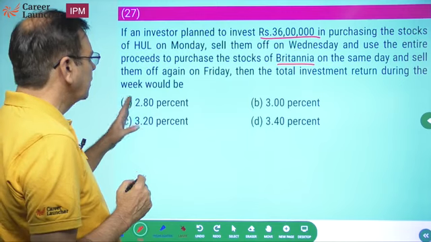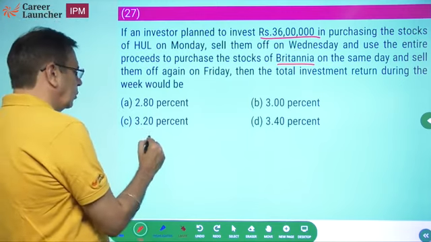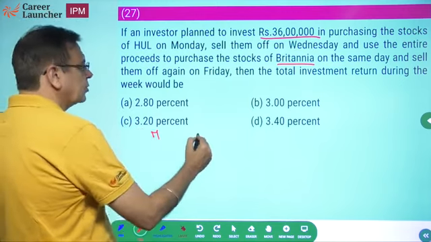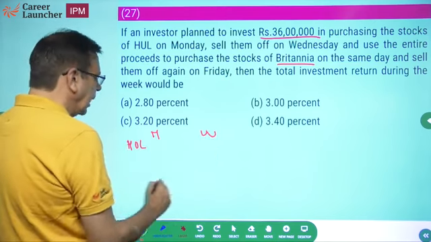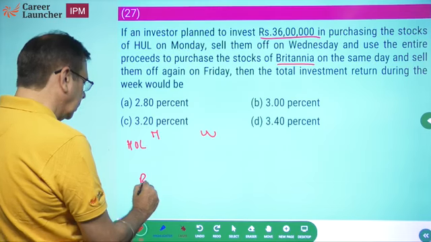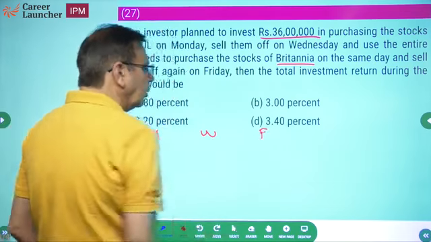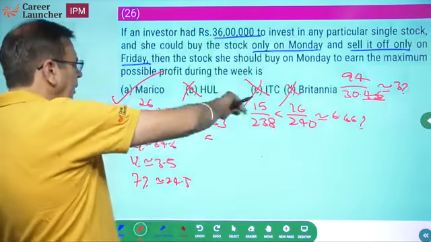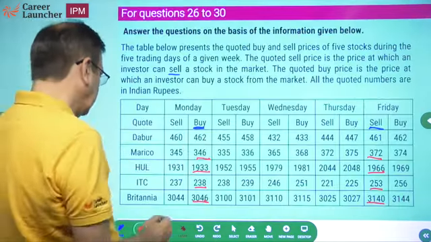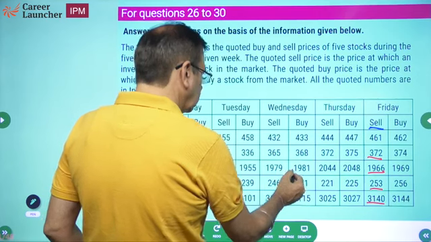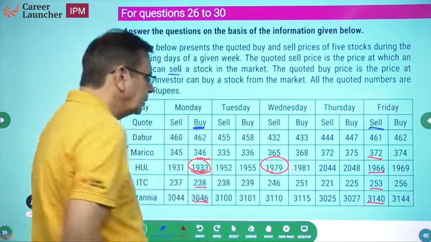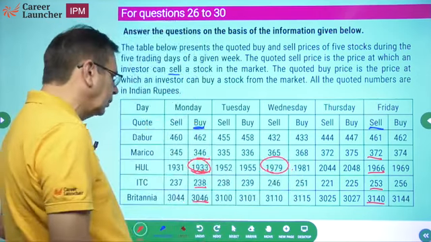So Monday he purchases HUL. Okay, so Monday HUL he purchased, Wednesday he sold HUL, and he purchased Britannia, and he sold entire Britannia on Friday. This is what it is. So let's look at HUL Monday and Wednesday. HUL 1933 to 1979. He sells HUL on Wednesday.